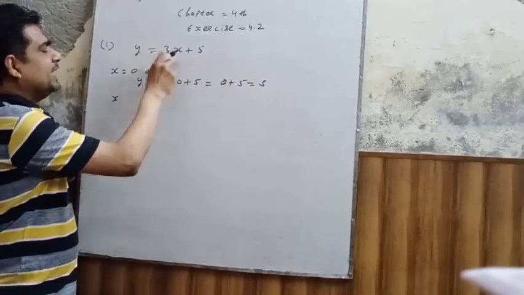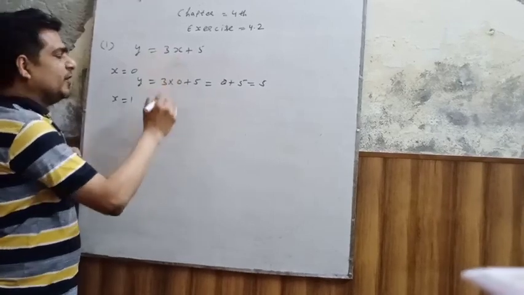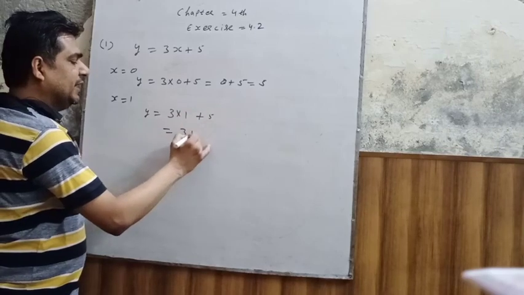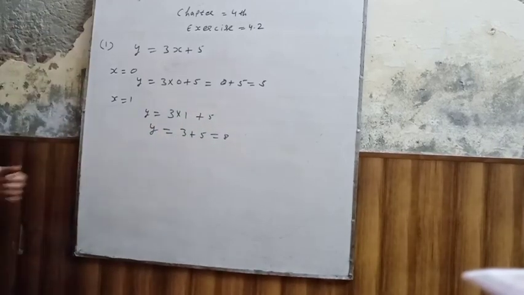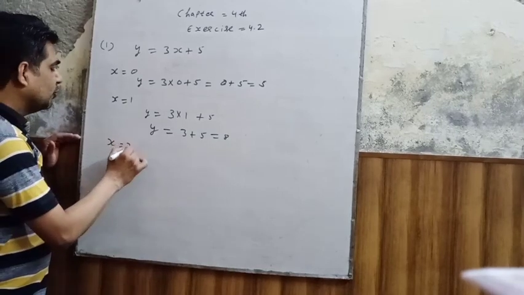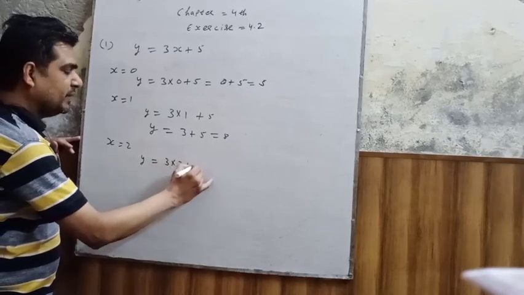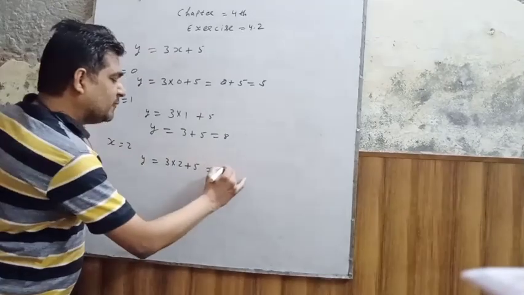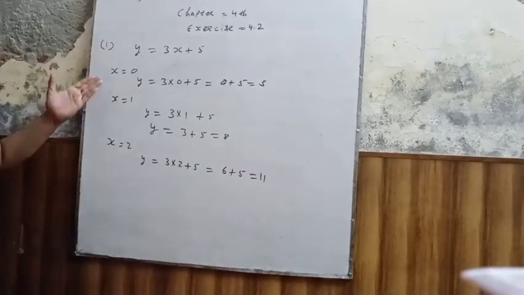Instead of x, we write 1. Y equal to 3 into 1 plus 5, 3 plus 5, 8. Instead of x, we write 2. Y equal to 3 into 2 plus 5, 6 plus 5, 11.